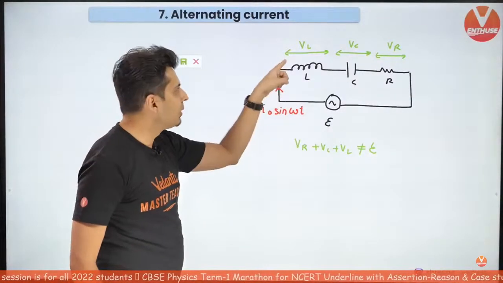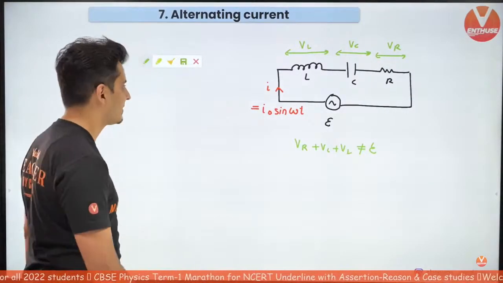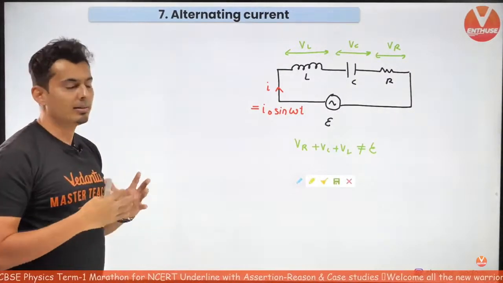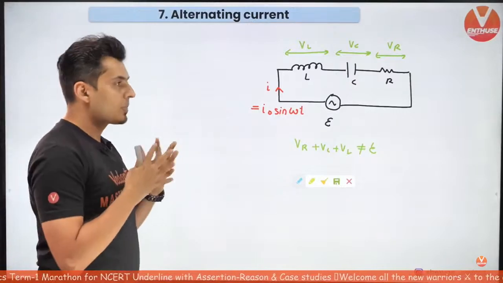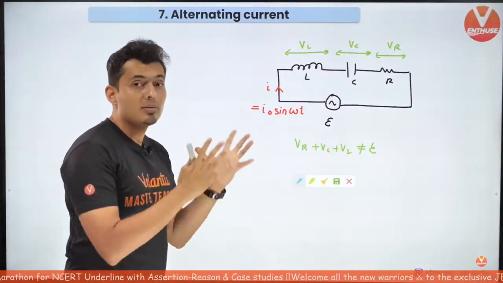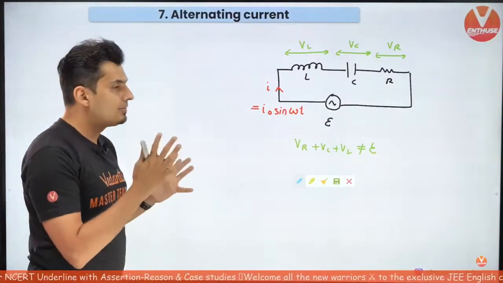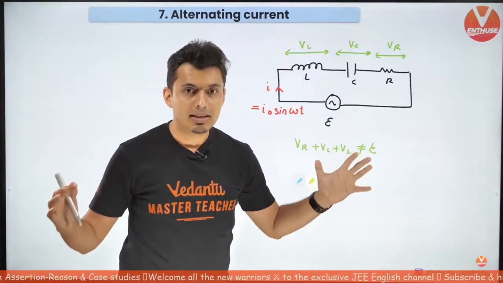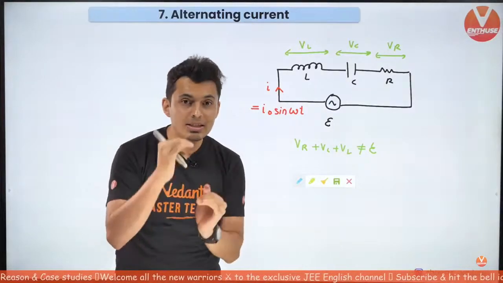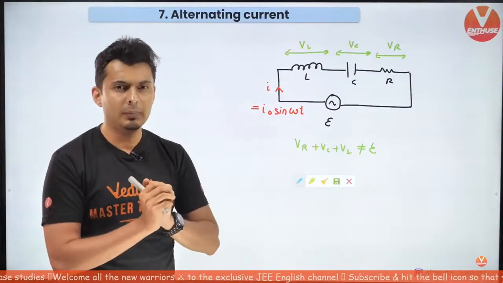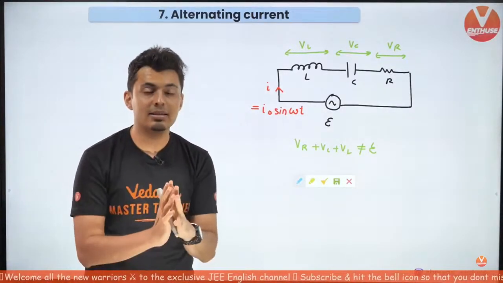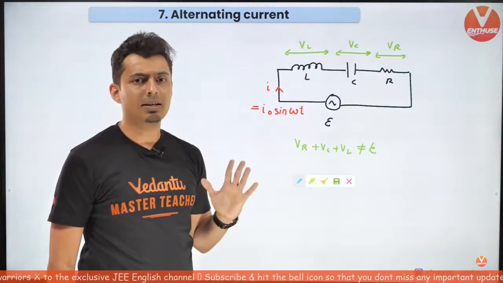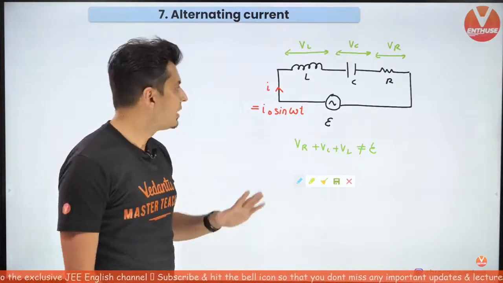The problem is the voltages are not in the same phase. So that basically needs the help of something called the phasor diagram. Phasor diagram helps you analyze two or three sinusoidal quantities which are varying with respect to each other in a much easier fashion, just like what you have studied in waves.